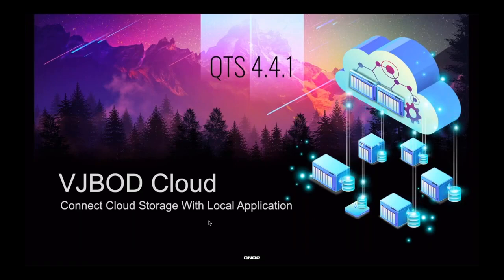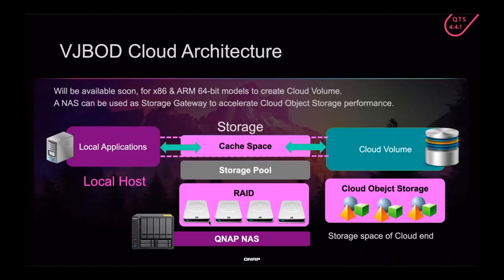VJBOD Cloud is a very similar feature. Again, with VJBOD Cloud, you use your NAS as a cache space to accelerate the performance of your public cloud. And VJBOD Cloud allows you to use public cloud storage as if it were local, but rather than enabling SMB, NFS, AFP, VJBOD Cloud allows the local protocol of iSCSI to be used for public cloud storage.